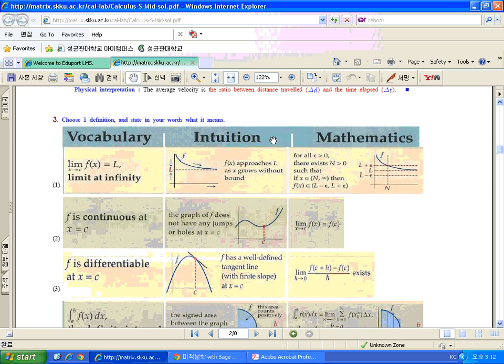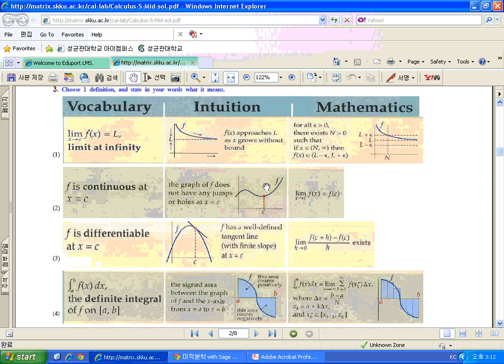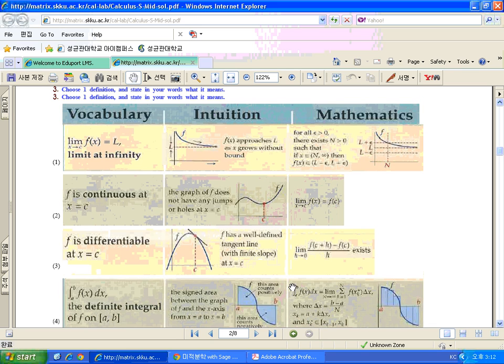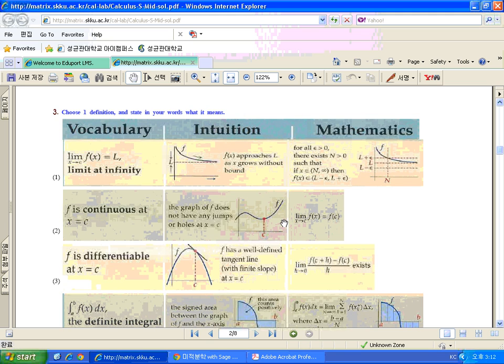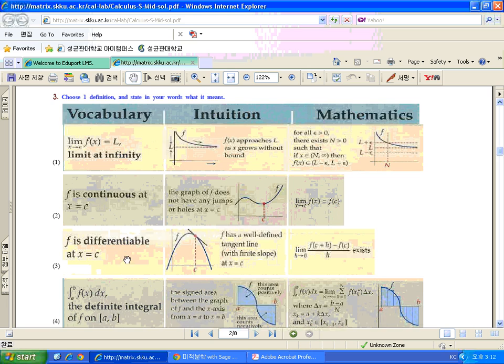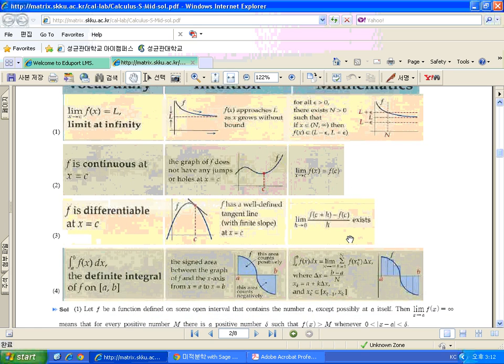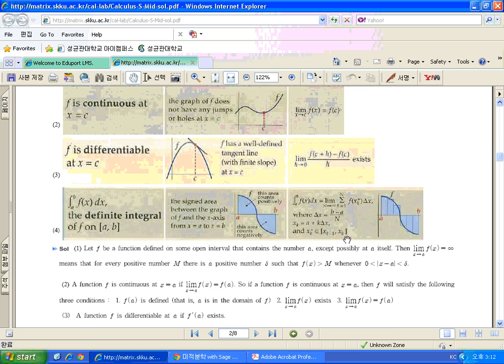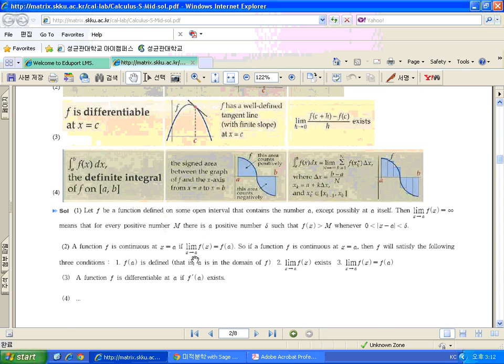And also I gave you something to read, the way to express the mathematical terminology intuitively and mathematically. And I just asked you to rewrite what you know about those concepts.